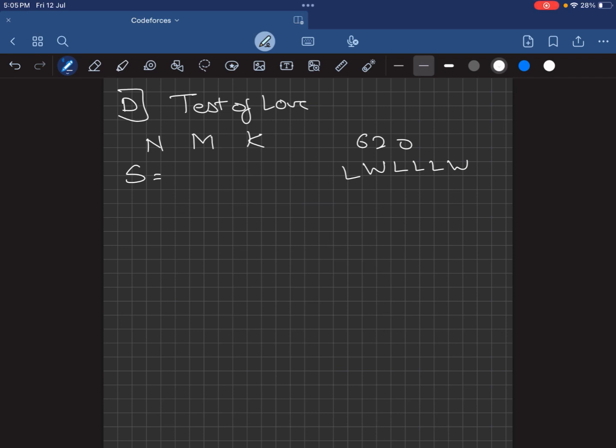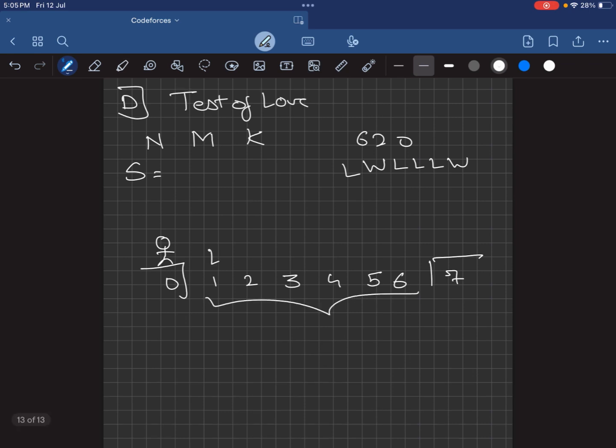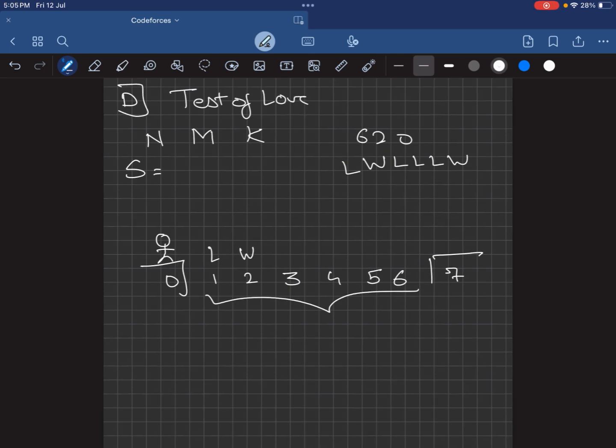You are a person standing at point 0, and this string is essentially the state of a river of length n, and there is a position n plus 1, which is 7, the other bank. L means there is a wooden log over there, W means there is just water, and we'll also have C sometimes, which denotes a crocodile.